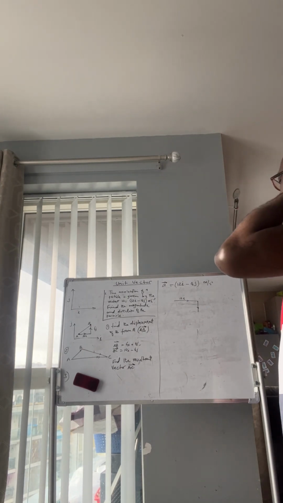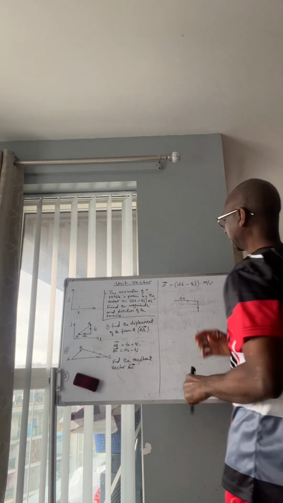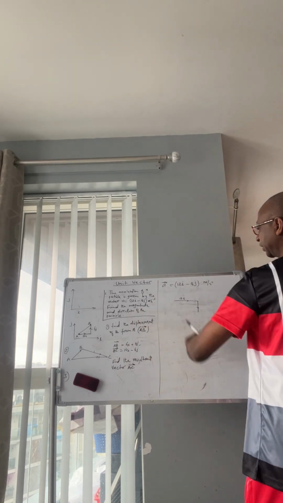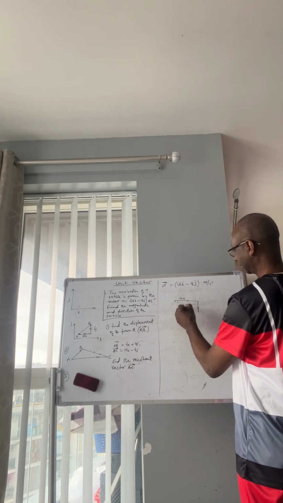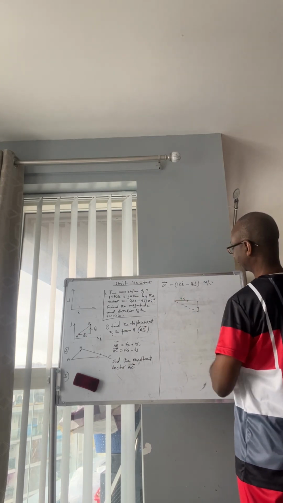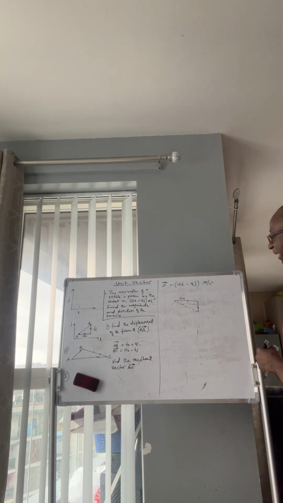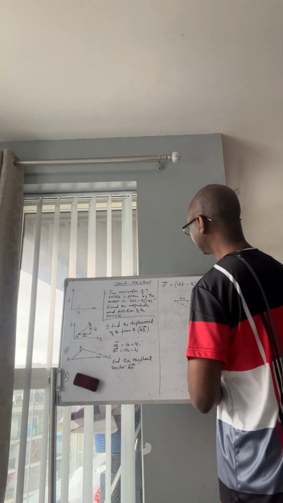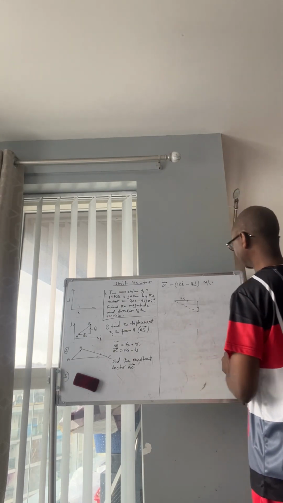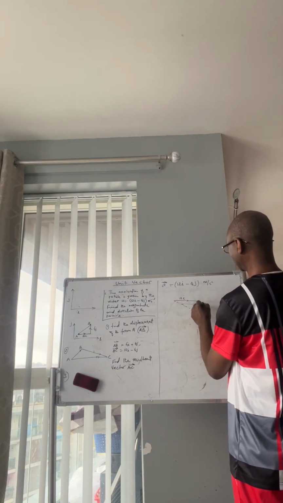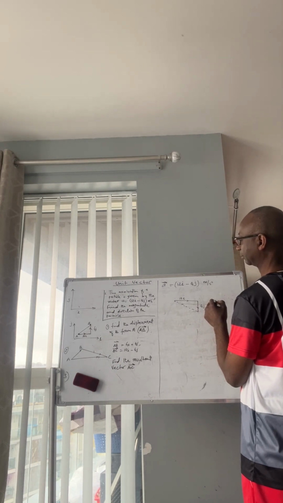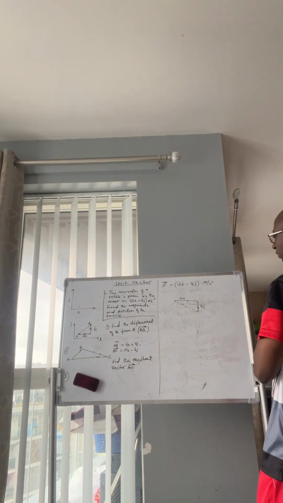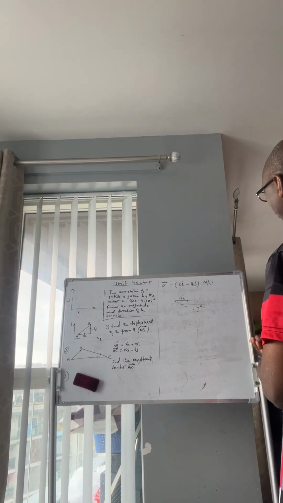So they are asking you more or less to find the resultant, this one here, and then the direction of the particle. So this is 4j. That's what you have.